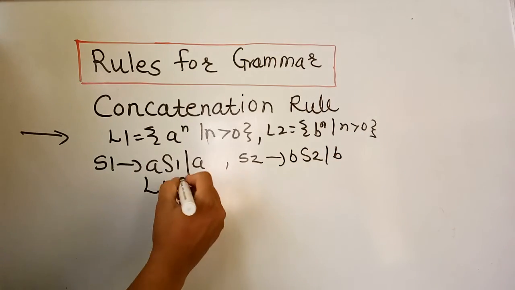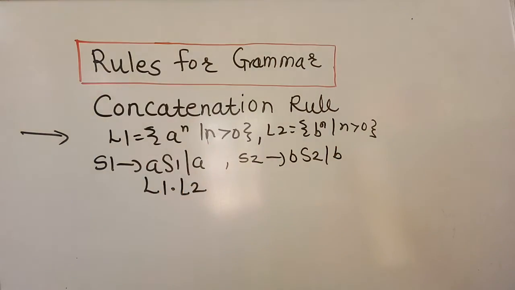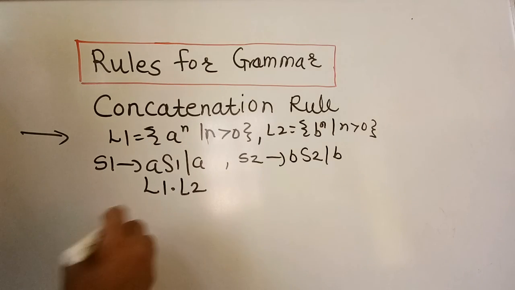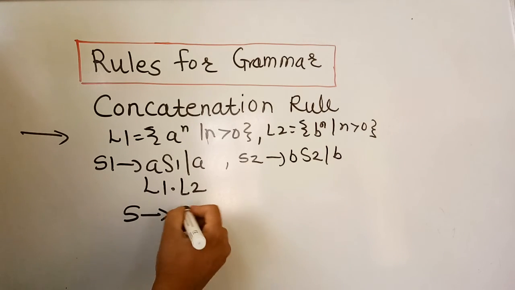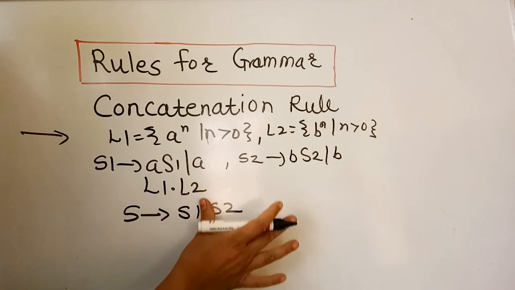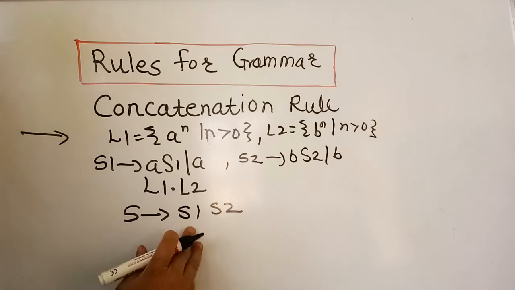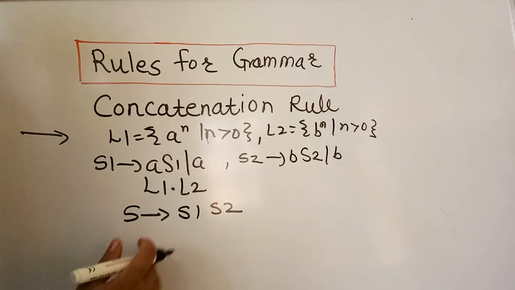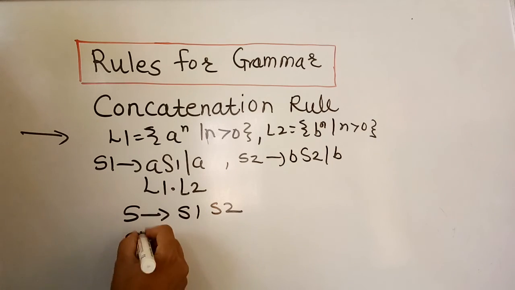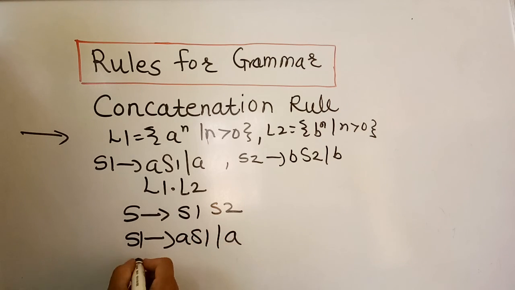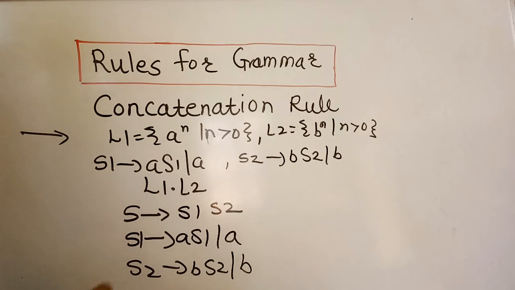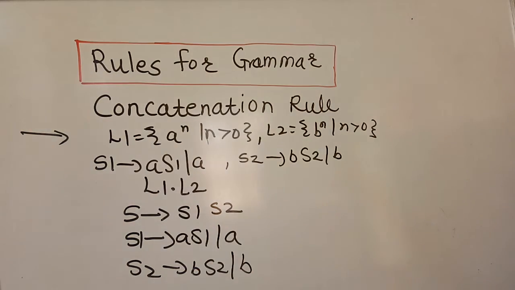Now, what is L1 dot L2? The dot is the concatenation, and the new grammar for this concatenation is S, the new start symbol, gives S1 S2, where the dot is not written. S1 has its separate production aS1 or a, and S2 gives the production bS2 or b. So this is the concatenation rule for a grammar.